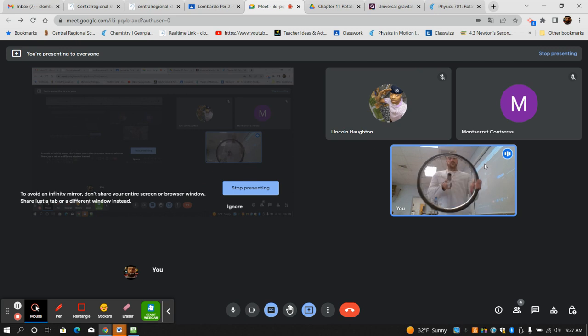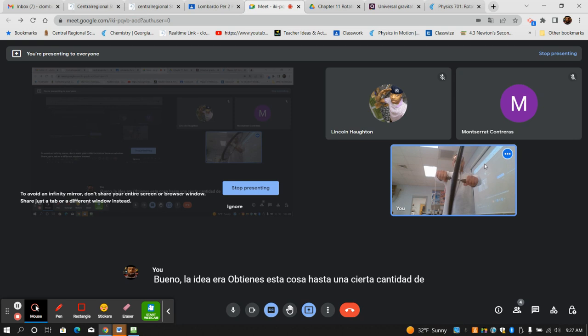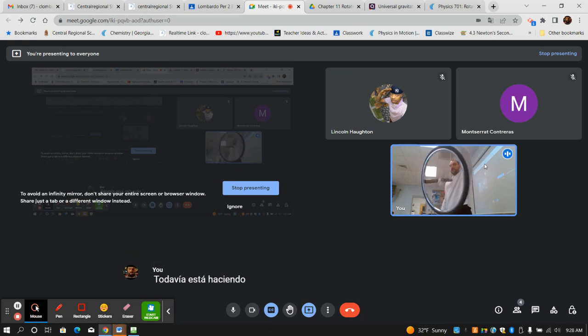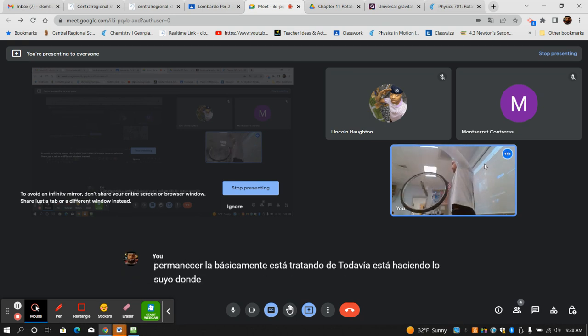The idea was you get this thing up to a certain amount of speed, try and turn it, and you can feel a resistance to changing its motion. It wants to stay in this orientation, straight up. Now, give it enough speed and then just hold it with a string, and it's still doing its thing, trying to stay, for the most part, pretty straight up.